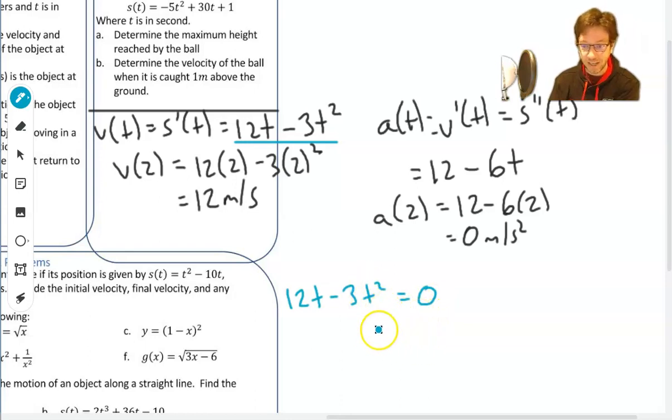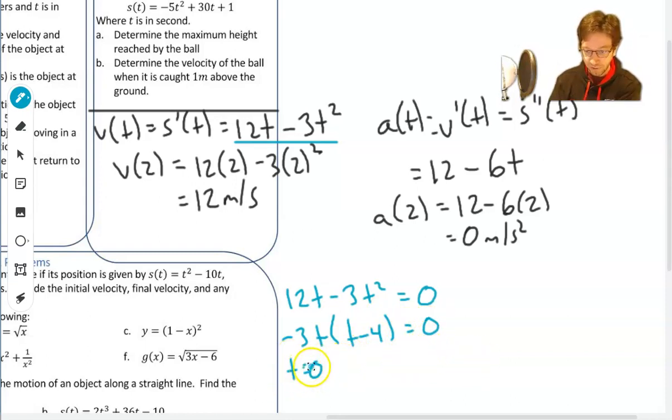So let's solve for time then. We are going to factor out a negative 3t, which leaves us with t minus 4, which equals 0. So two options. t could be 0, and t can be 4 seconds. So at 0 seconds and 4 seconds, our velocity is 0.